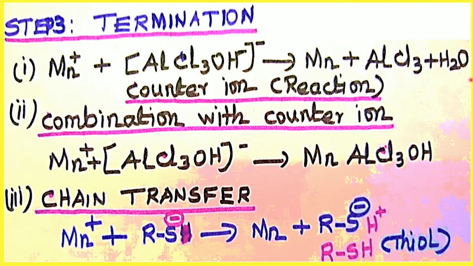In the second possibility, there is a strong combination of counter ion with the Mn plus polymer cation. In the third, by chain transfer mechanism, H plus is transferred to thiol anion or NH2 amines, etc.